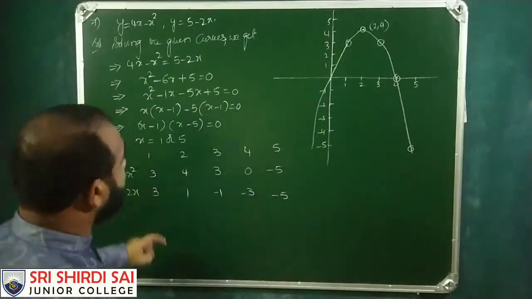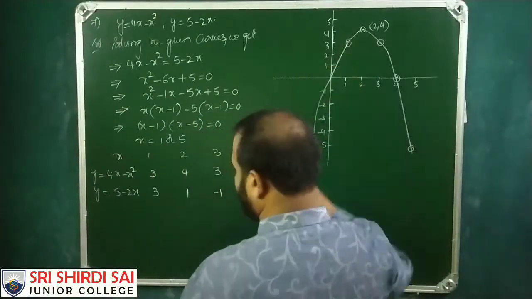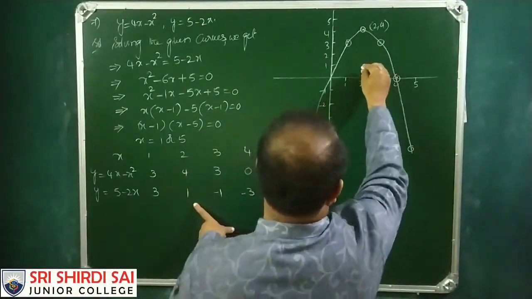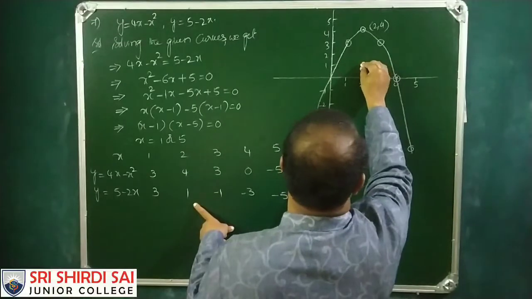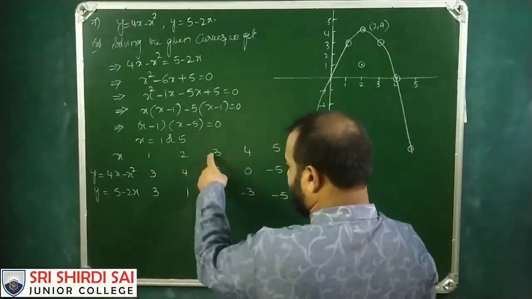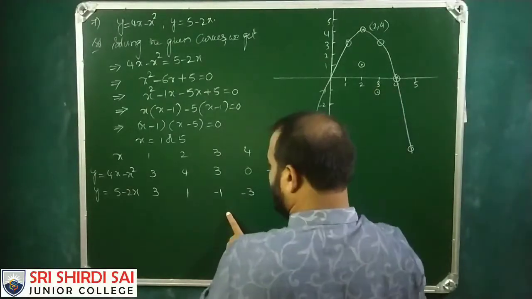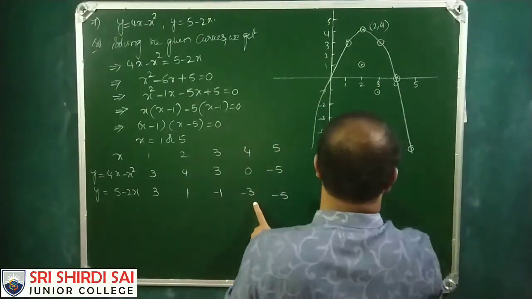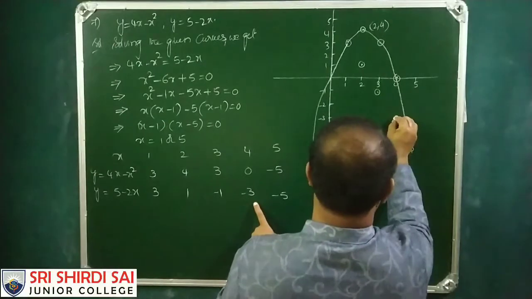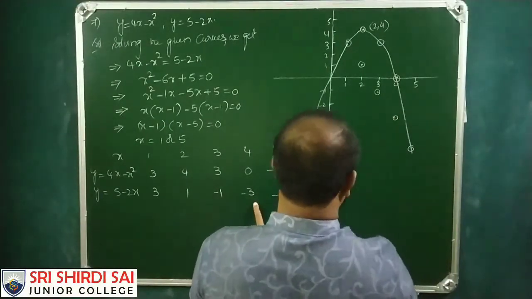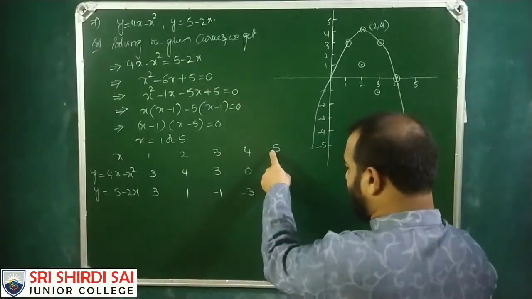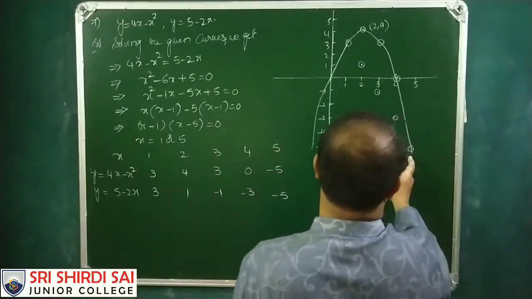Now 1 comma 3 is this. 2 1, 2 1 is somewhere here. Next 3 minus 1, 3 minus 1 is here. And 4 minus 3, 4 minus 3 is here. And did I tell you 5 minus 5?